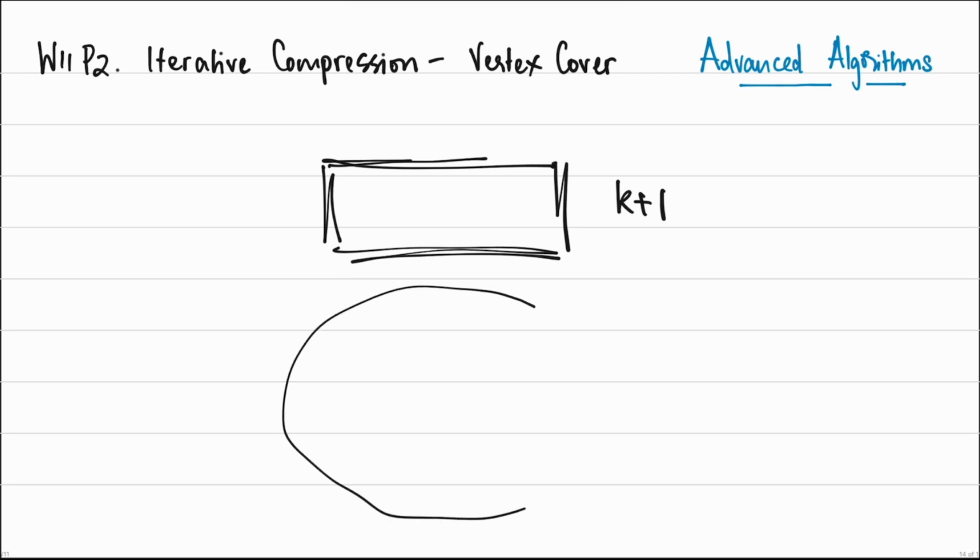What this means for vertex cover is that we have some k plus 1 vertices, which we called T, which we can set aside so that the rest of the graph forms an independent set, because T covers all of the edges. So what's outside is a set of n minus k minus 1 vertices, which have no edges whatsoever.